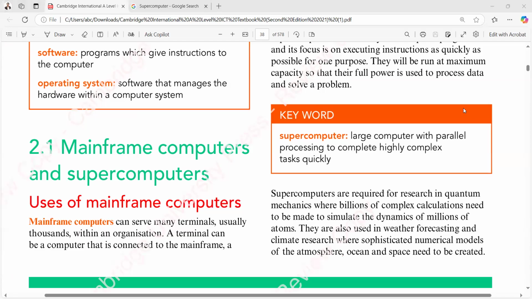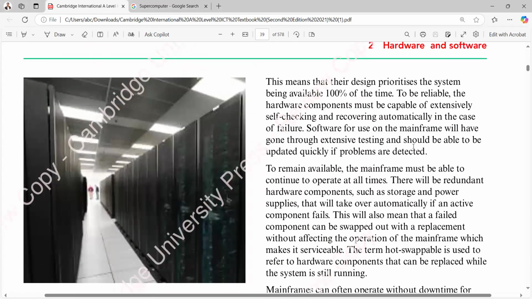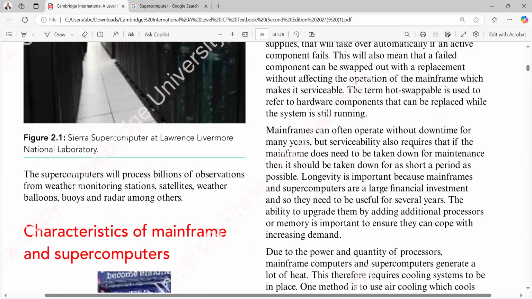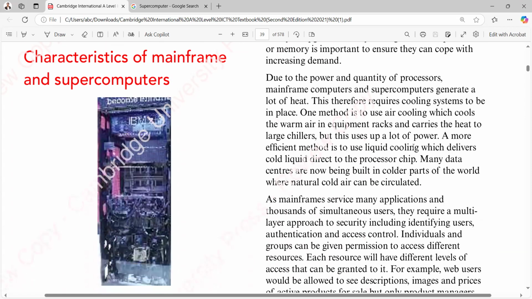Where you need an extreme amount of power, maybe in weather forecasting, maybe in climate research, or maybe when you want to work with numerical models of the atmosphere, ocean, sea, or space. This is where supercomputers come into place, right? Supercomputers can process billions of observations, from monitoring weather stations to radar, satellite, all of them.